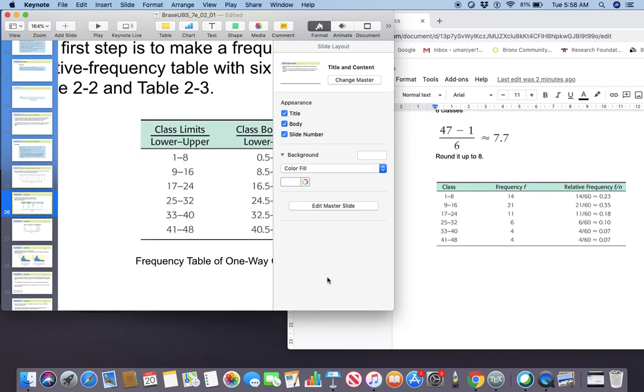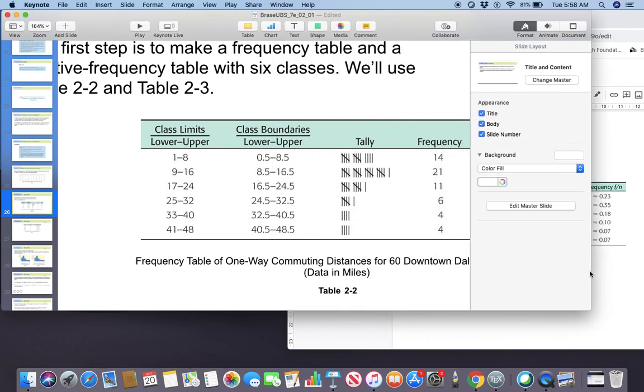There you go. So what do we do with the class boundaries? If you notice, 1 minus 0.5 is 0.5, 8 plus 0.5 is 8.5. 9 minus 0.5 is 8.5, 16 plus 0.5 is 16.5. So class boundaries are a bit wider than the actual class.